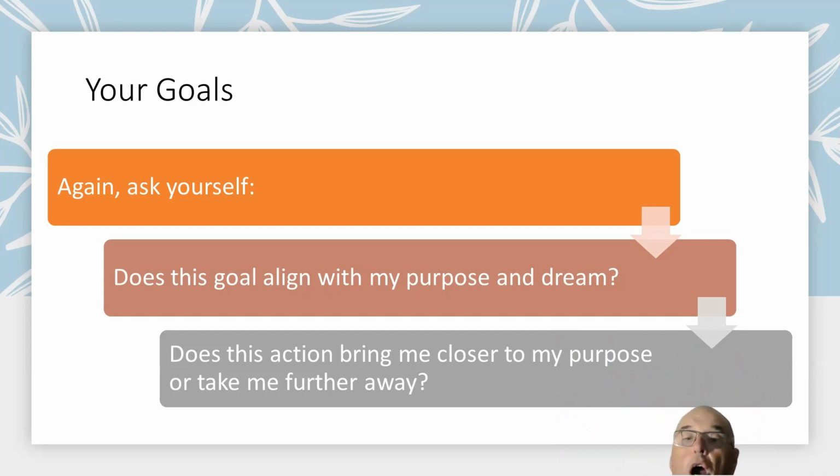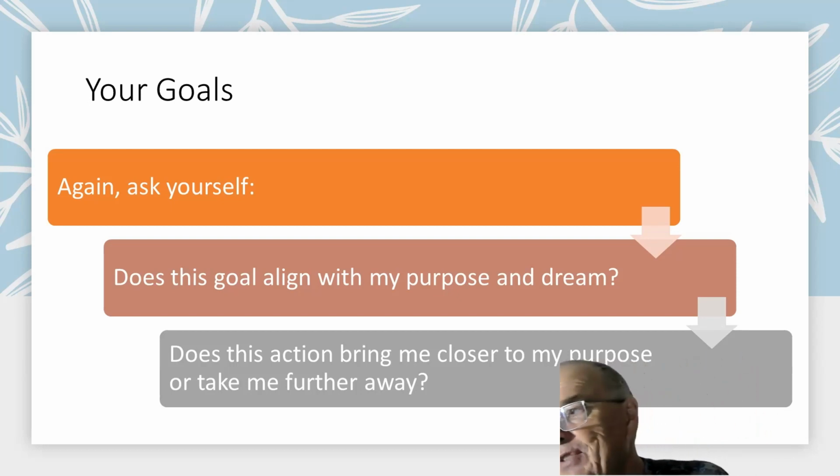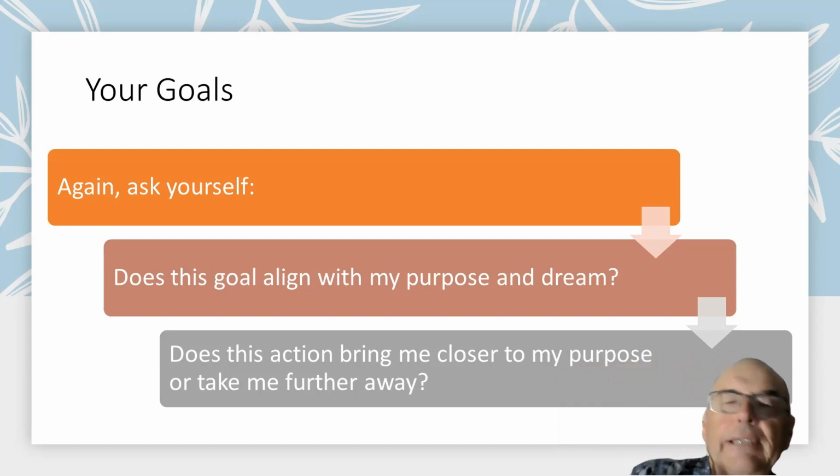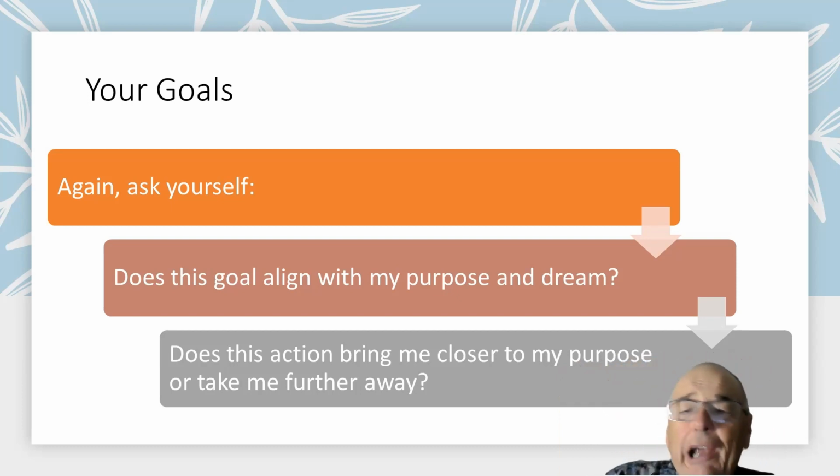So another part of congruence is, does this action that I'm going to take fit? Maybe you decide you want a new car, but your purpose is to help feed the needy. A new car doesn't really jive with that purpose.